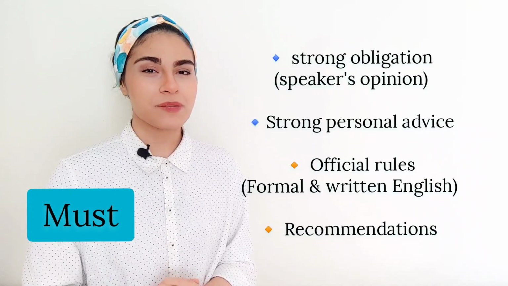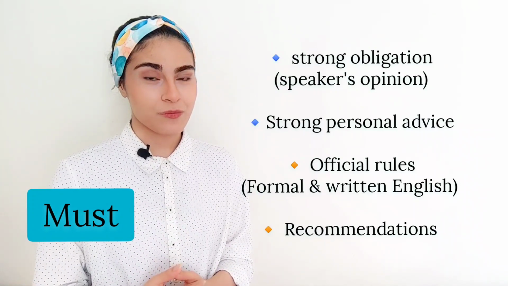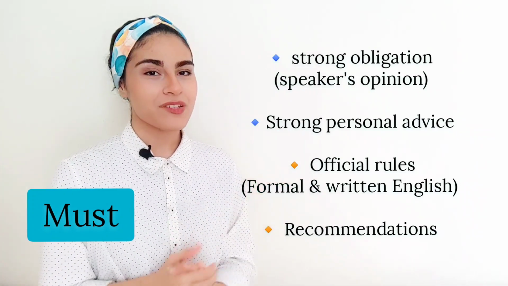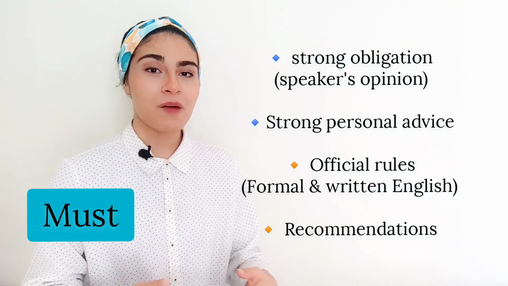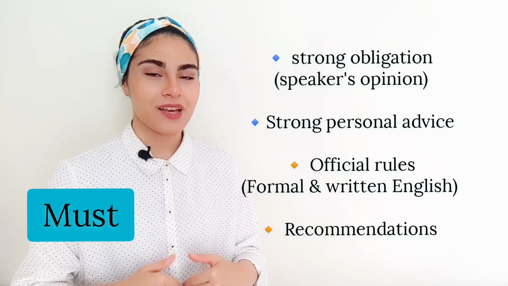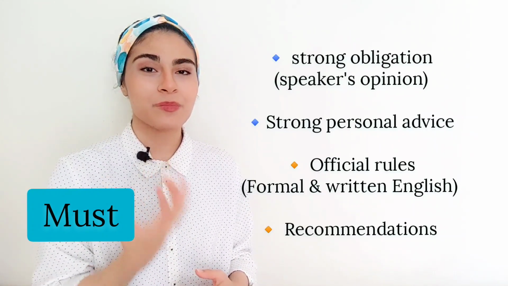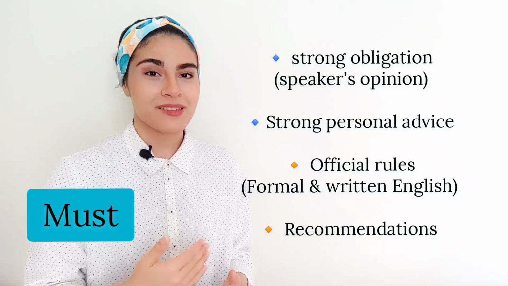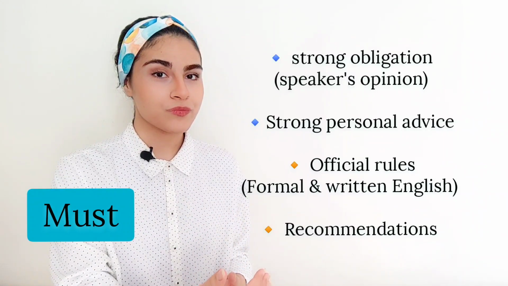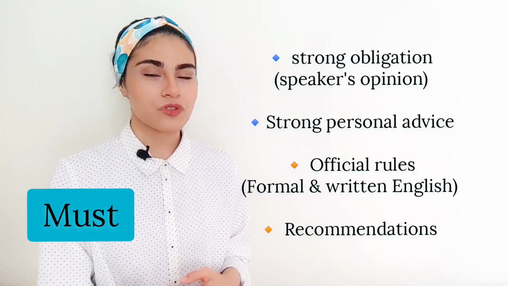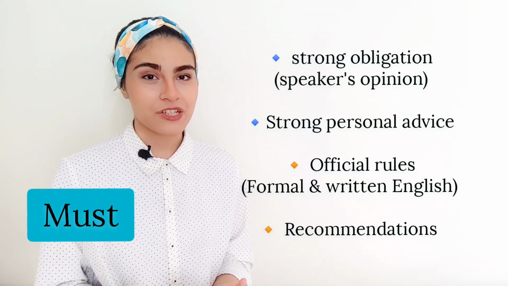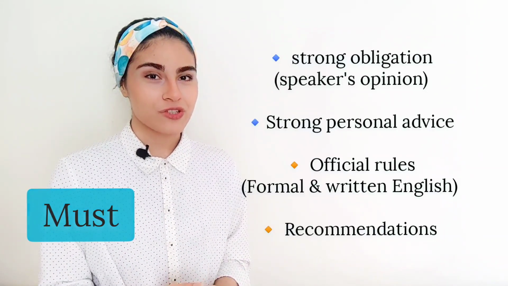We've already talked about them in the last video, but just as a reminder, I'm going to tell you again. Strong obligation coming from the speaker. So it's about the speaker's opinion, what the speaker thinks is important to do. Strong personal advice, official rules of formal and written English, and recommendations.